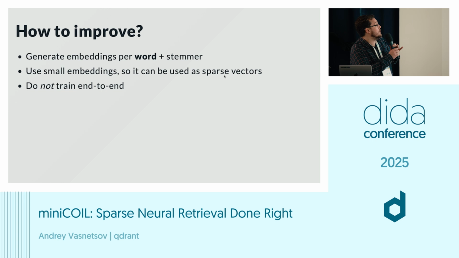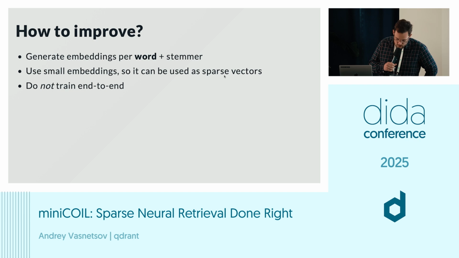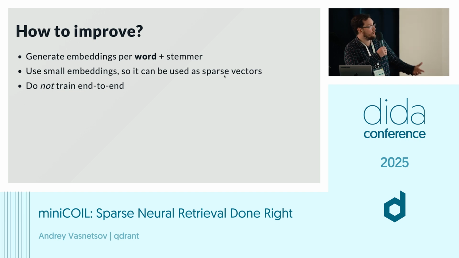Yeah, so obvious steps we can take to improve it. First of all, instead of generating embeddings per BPE token, we will use proper words plus stemmer. So we will import this from the traditional NLP pipelines, as you're probably already familiar with: tokenizer, text analyzer, all of this stuff we just reuse.